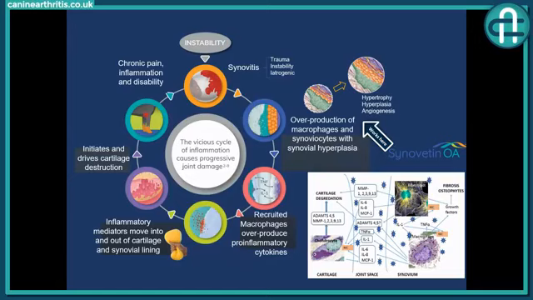However, following the start of synovitis, you get an overproduction of the cell types macrophages and synoviocytes. It includes synovial hyperplasia, so this is not only a hypertrophy, but a hyperplasia. You get an increase in cell numbers and an increase in cell types.